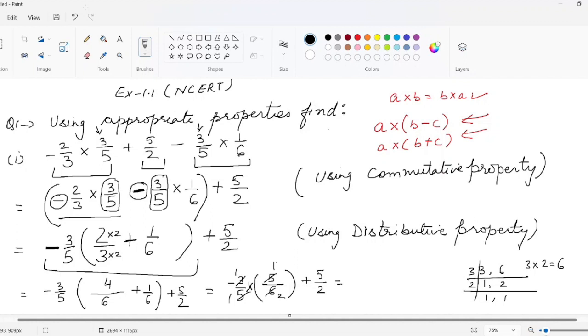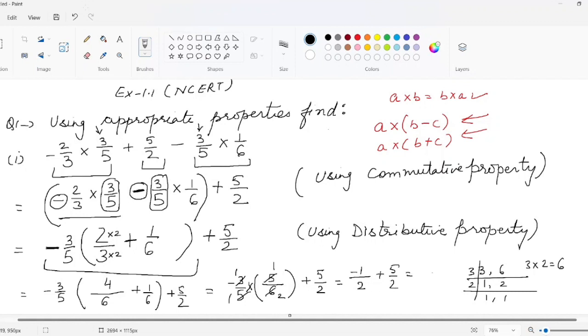And we will multiply the numerators. In the numerators, we are left with minus 1 and 1. So it will be minus 1 by, and here in the denominator, we have 1 and 2, so we will multiply them. 2 ones is 2, plus 5 by 2, which is already a like fraction.